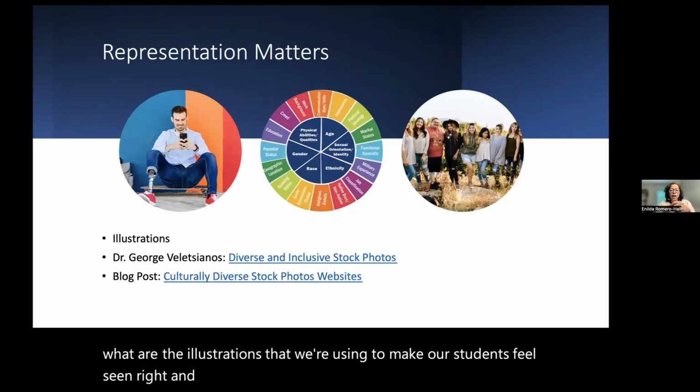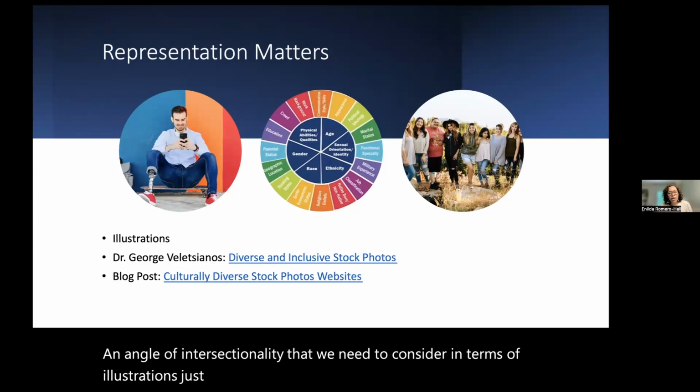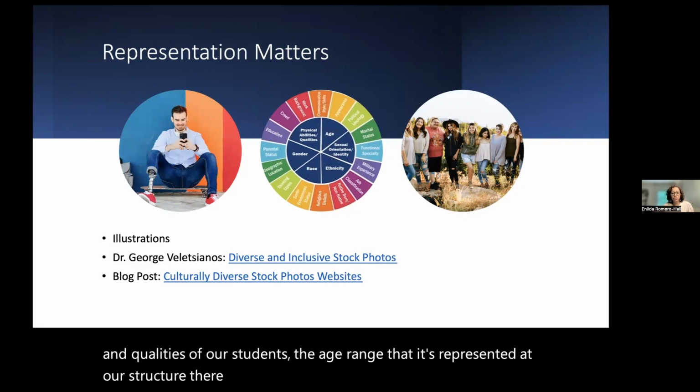And there's an angle of intersectionality that we need to consider in terms of illustrations, just one side of it, but considering the physical abilities and qualities of our students, the age range that is represented in our structure, their sexual orientation, their ethnicity, their race, their gender.